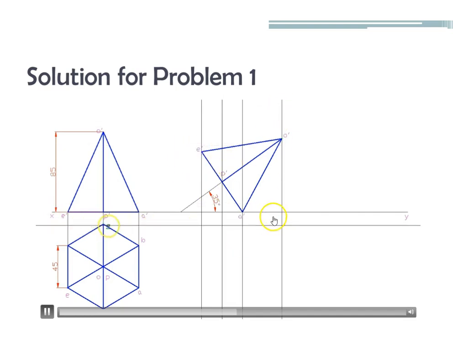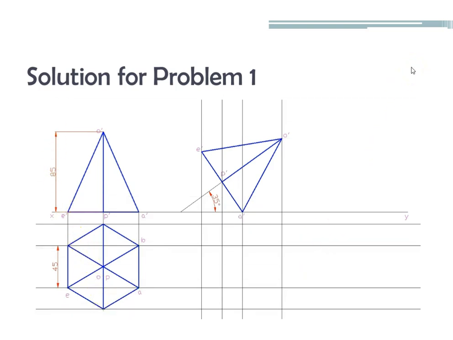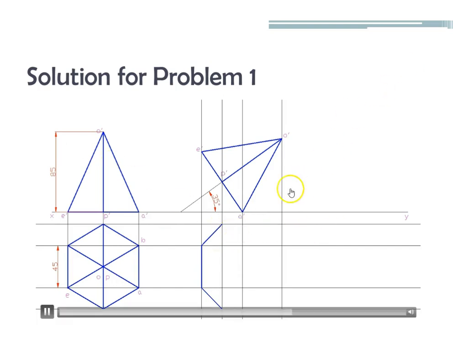So we project from all corners and edges. Once you project from both the top view of the first stage and the front view of the second stage, you get the corresponding positions.